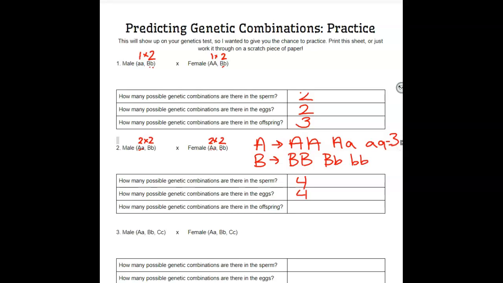Big B's possibility, little b's possibility. So I get 3 options from there too. So 3 times 3 is going to be 9. So from number 2, I have 4 sperm, 4 possible eggs, and 9 total genetic combinations.